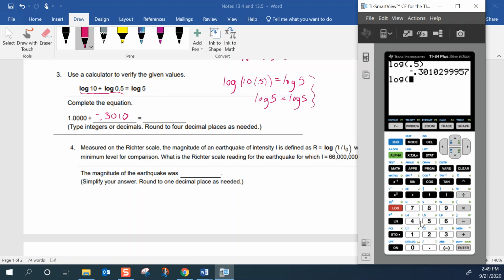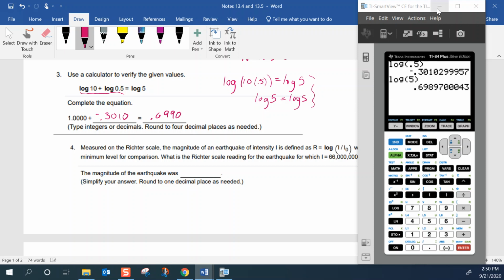The log of 5 is 0.69897. If we round to 4 places, that rounds up to 0.6990. And you can check that 1 minus 0.3010 is about 0.6990.